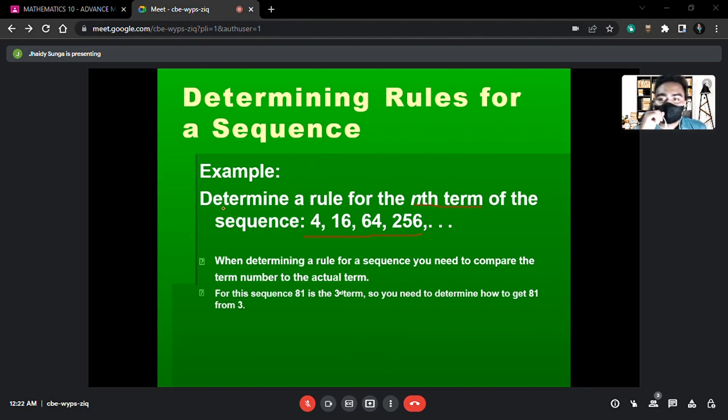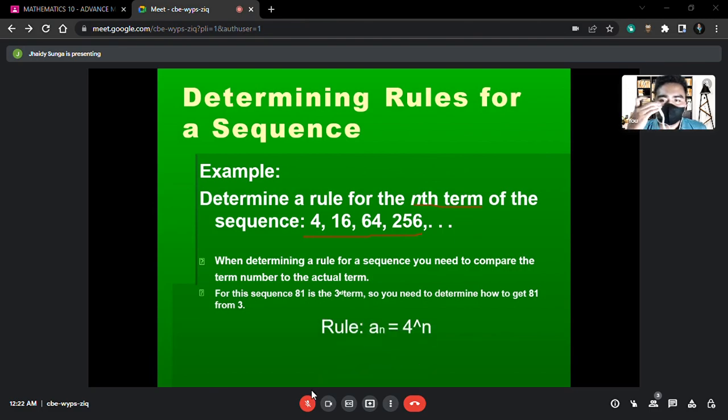This is one of the examples on finding the n-th term. So let us try to have this kind of example, no?